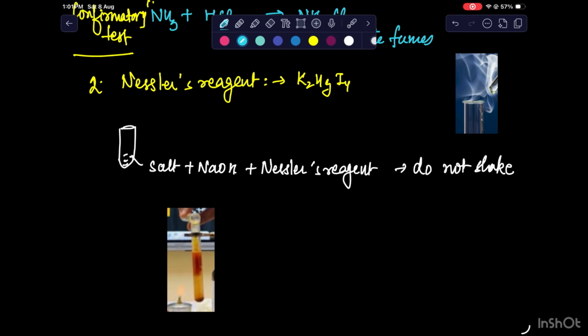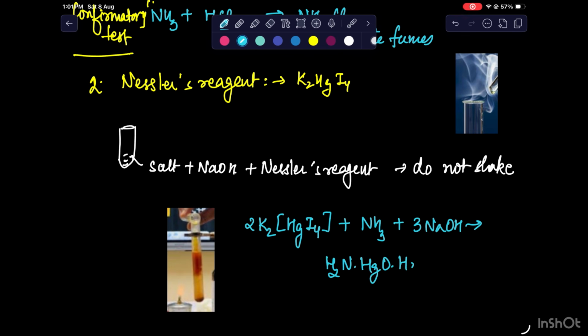If I look at the chemistry of the reaction, this K2HgI4, which is Nessler's reagent, reacts with ammonia, and we add NaOH also here. NaOH otherwise was added when we wanted to take out ammonia, okay, in the preliminary test.